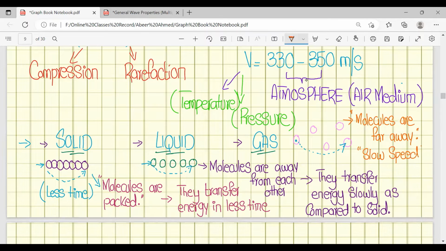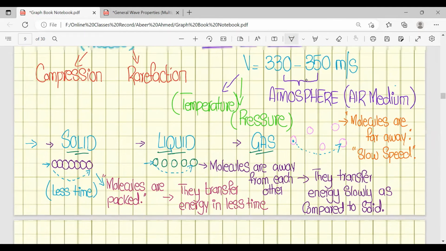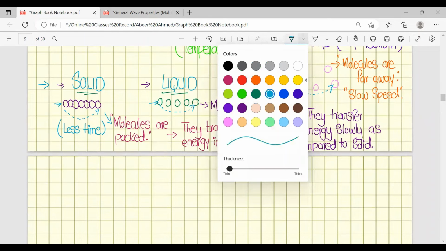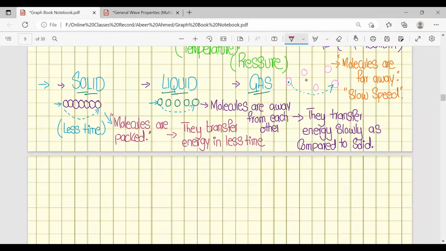Now again try to rate these states of matter with reference to the speed of sound. Which matter will get 3 stars? Solid? Yes, solid will get 3 stars for the speed of sound, and you know the reason, right?